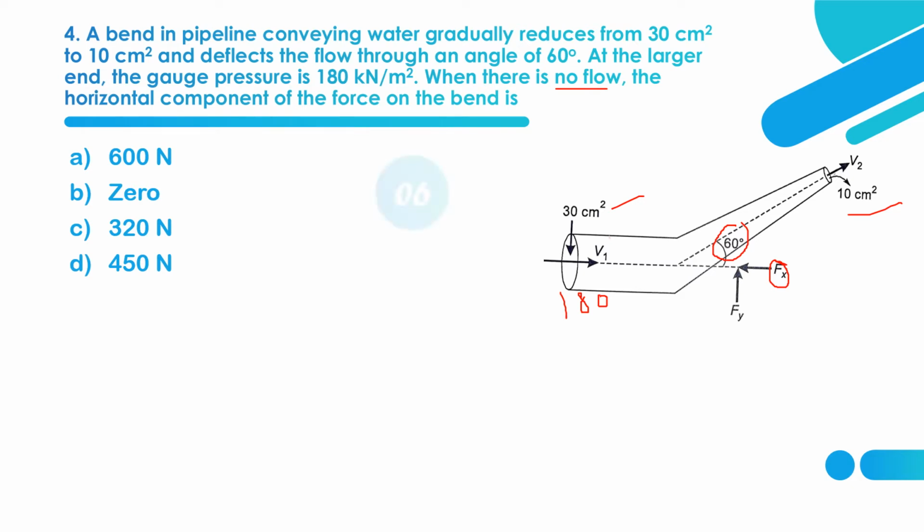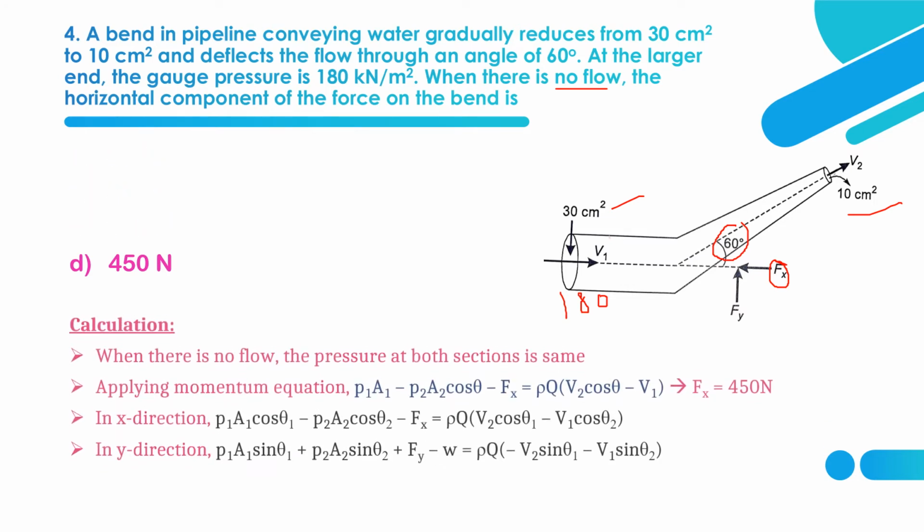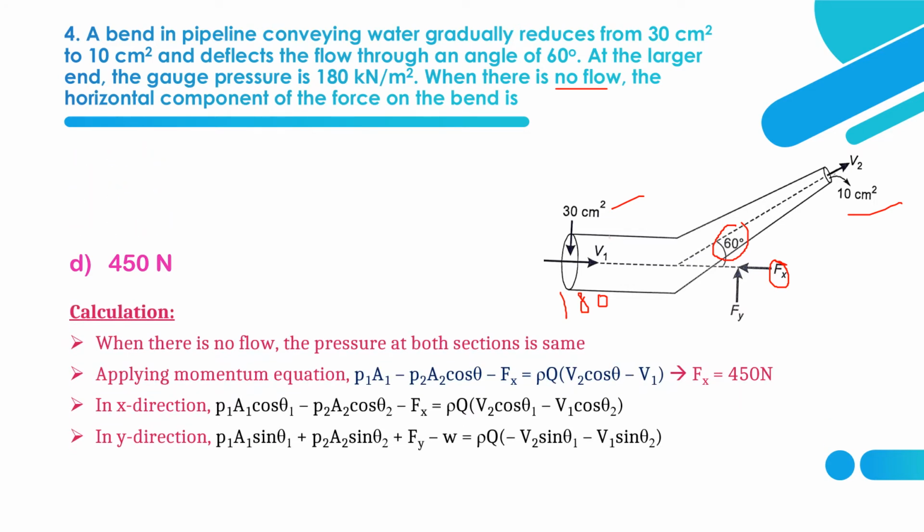Here one concept is there, we use that concept to find the horizontal component of the force in case of pipe bends. The answer is option D 450 Newton. So let's see what is the concept behind it. Impulse momentum conservation is the concept behind it.